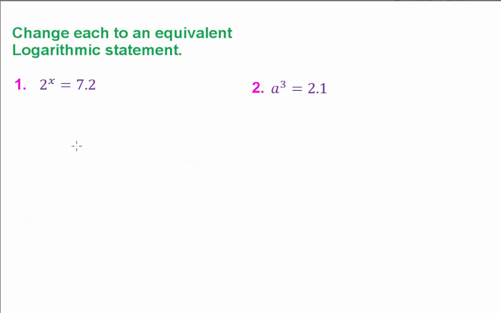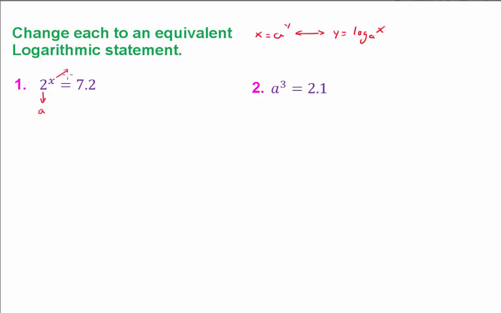For these two problems, we are going to change each of these from an exponential statement to a logarithmic statement, using the relationship from before. Remember that x equals a to the y can be converted to y equals log base a of x. So 2 is my base, so it must be a.